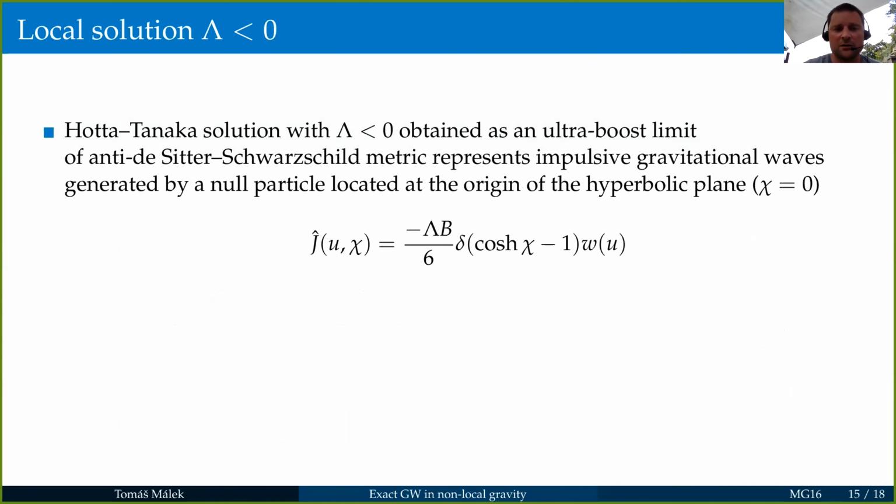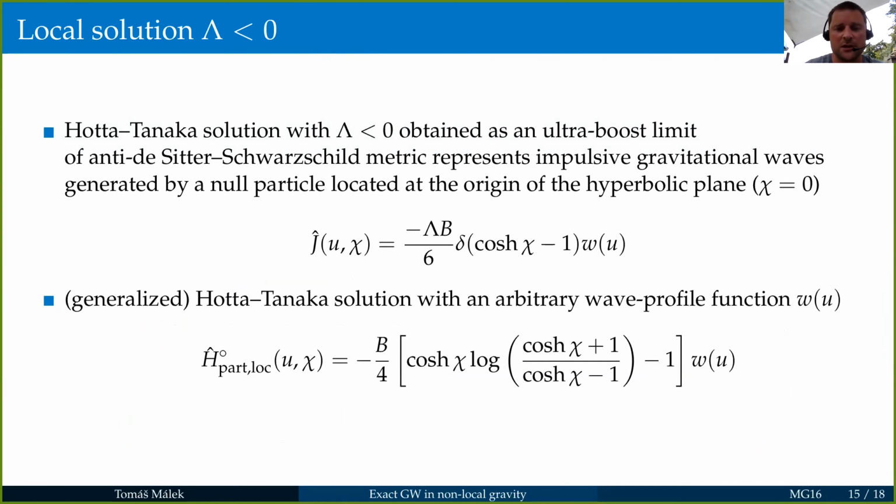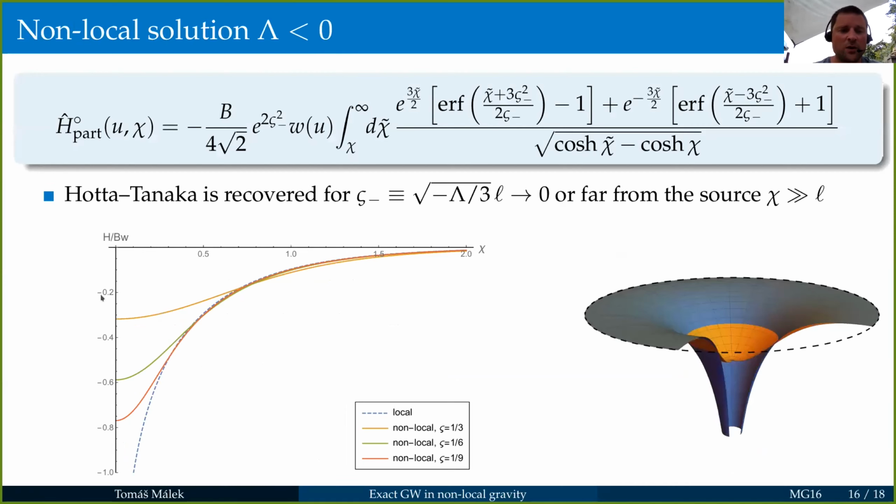Similarly, we can find a solution in the case of negative cosmological constant, where there is again just one source, one null particle located at the origin of the hyperbolic space. Okay, so all these solutions are regular. Non-local solutions are regular at the locations of the sources.